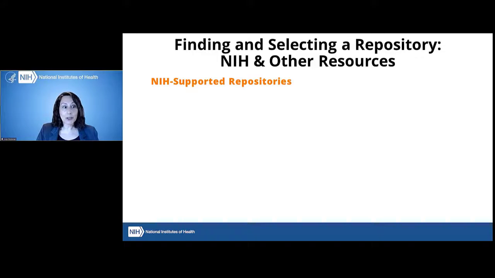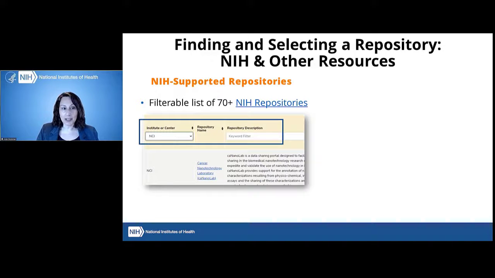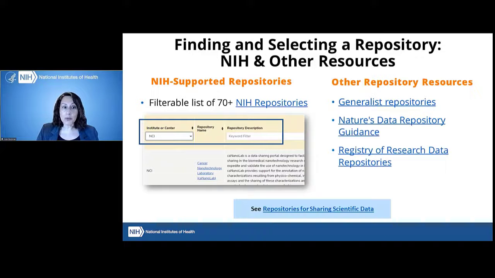For example, there's a searchable table of NIH Institute and Center-supported repositories that should help you learn more about the various NIH repositories and narrow down your options. This table can be sorted by funding IC, name of repository, keyword, and even certain repository characteristics. We also provide some useful information about non-NIH repositories, including links to common generalist repositories and other resources to help investigators navigate the landscape of repository options on the website.